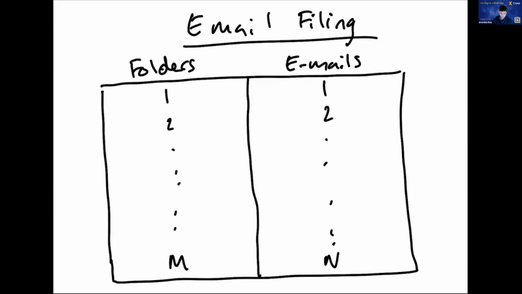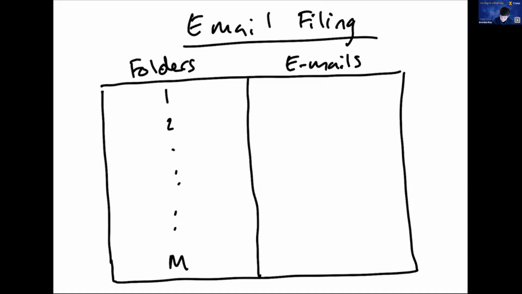With these emails, we're given this number, F sub i. F sub i tells us the folder that email needs to go in. So instead of the emails 1 through N, we can place their numbers.